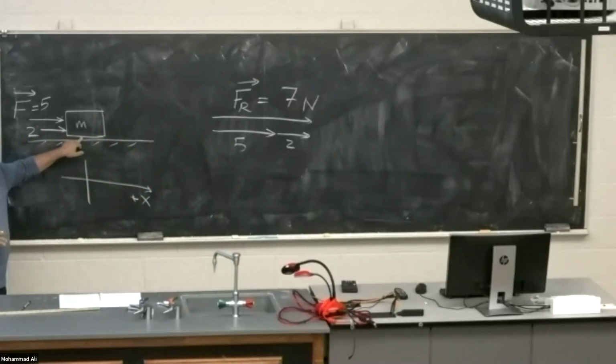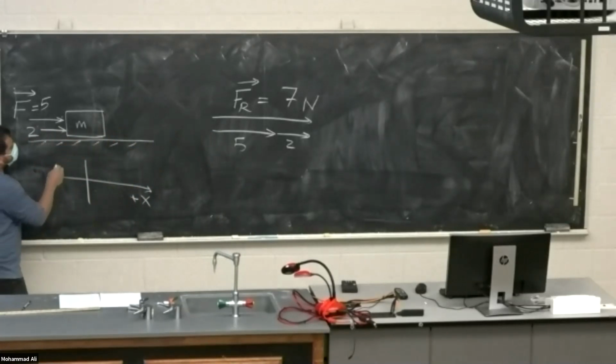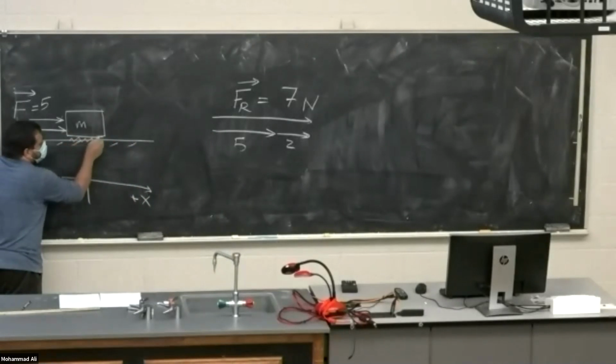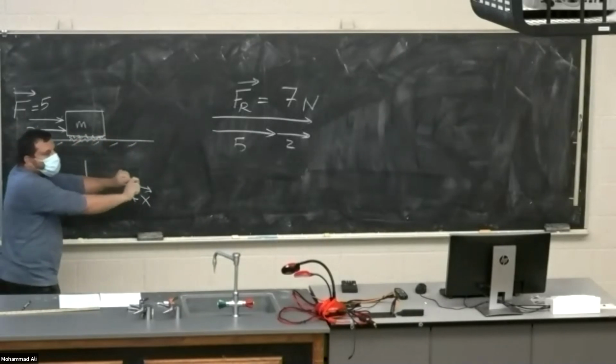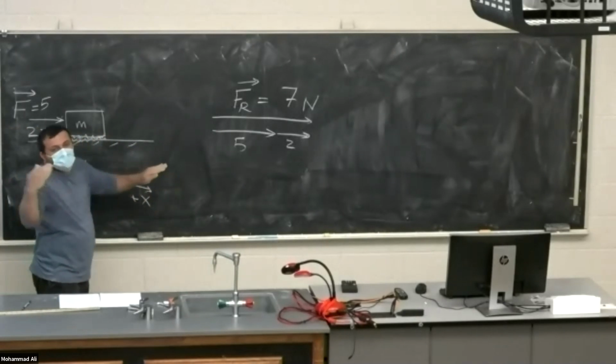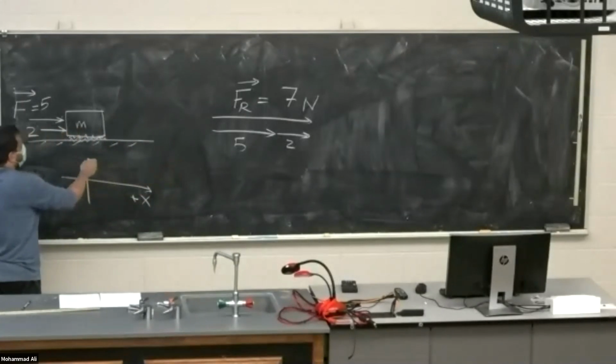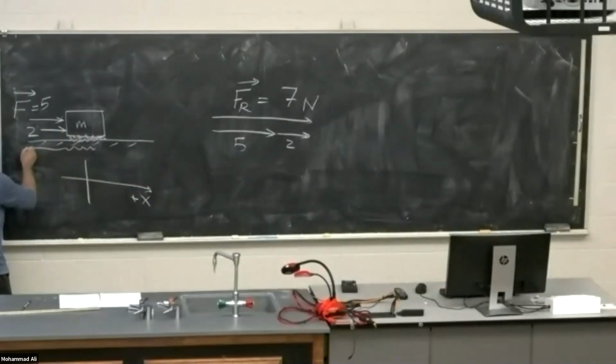If I need to push this box, there is a contact between this box and the ground. This contact will appear as a friction force. If I push forward, this friction force direction is backward. So I have a friction force backward.